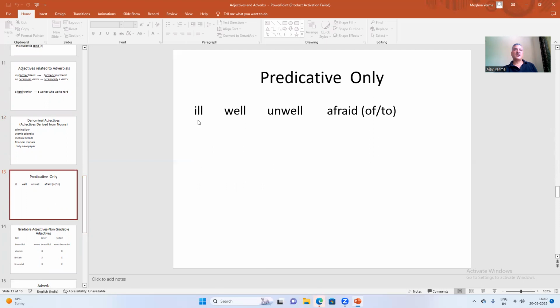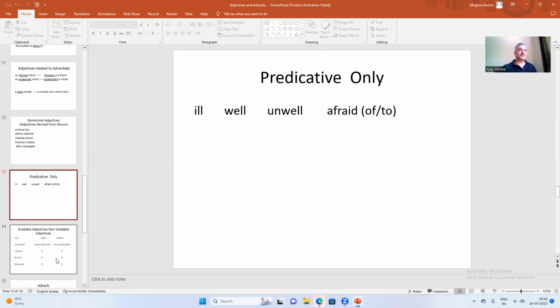For instance, ill, well, unwell, afraid. We don't say an afraid boy. Normally we'll say the boy is afraid, or the boy is afraid of something, or the boy is afraid to go out. So there is a list of predicative adjectives given in your book. These adjectives generally are used predicatively after the noun and not attributively.